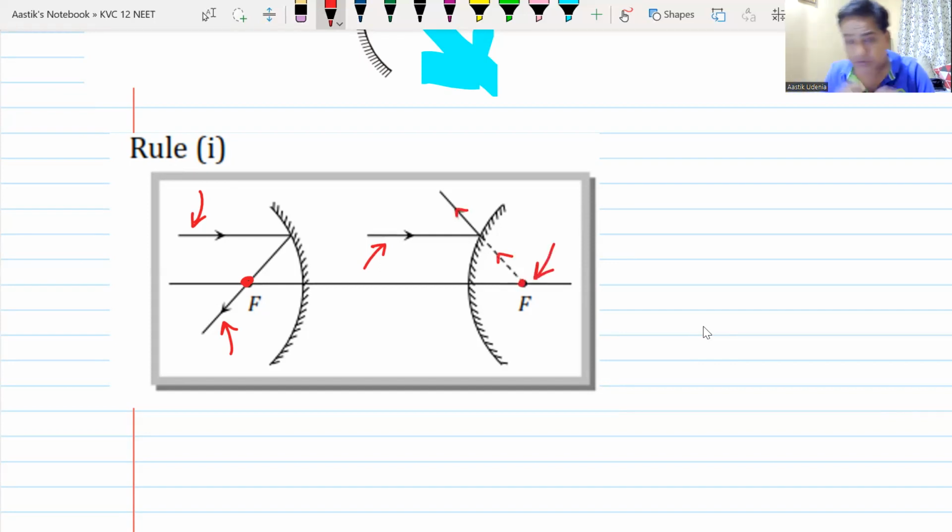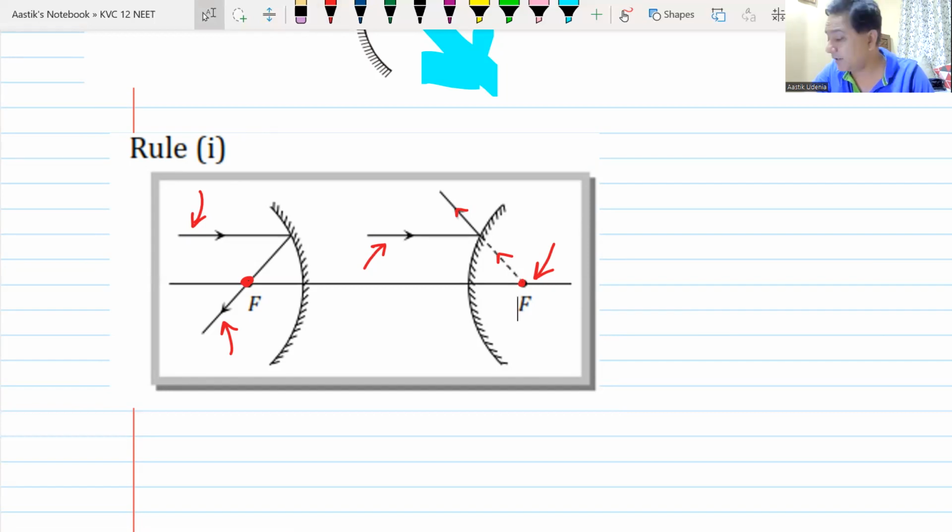So both the definitions are the same, but they look different. Why do they look different? Because the mirrors are different. Do we understand this? Yes or no? Have you drawn this? This is your diagram number 1.